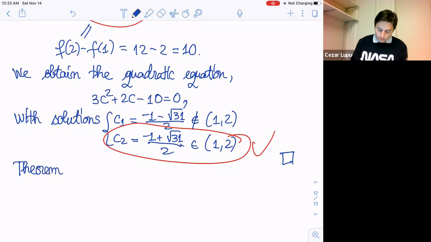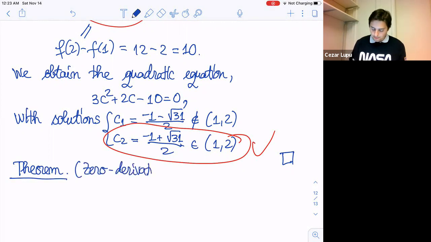The first theorem that I would like to mention is the zero derivative theorem. It says the following.